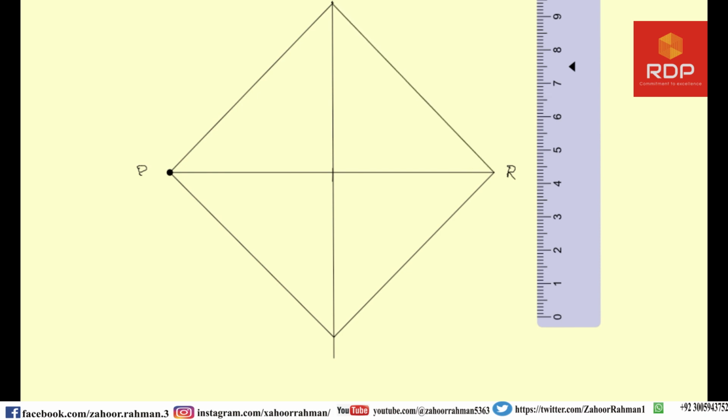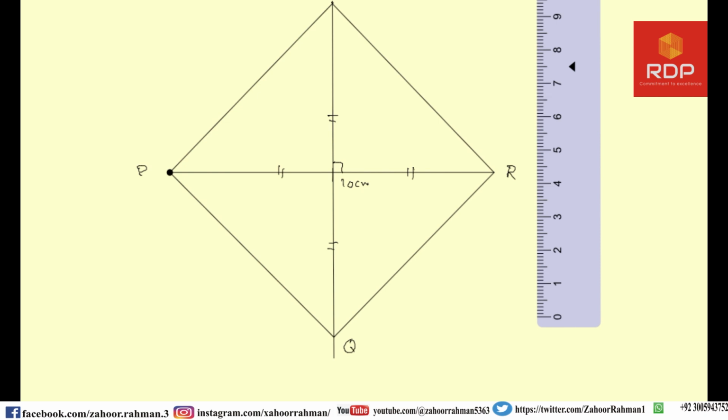So this will be a square in which this will be equal to this, and this will be equal to this. So in this way you are creating, this is Q and this is S, PQRS, and you have to write that this is 10 centimeter and this is a 90 angle.